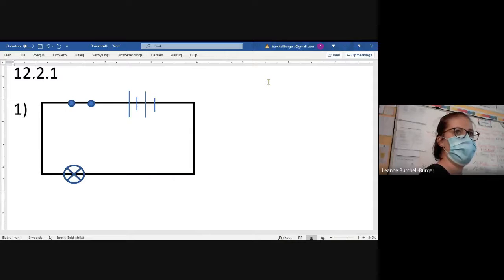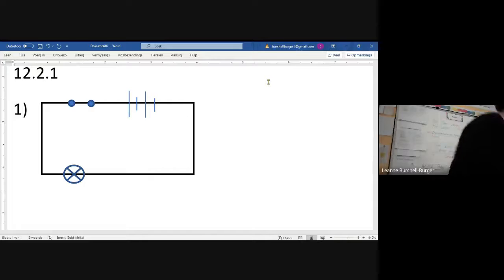Okay. If I had 2 cells like that, they would be parallel to each other.